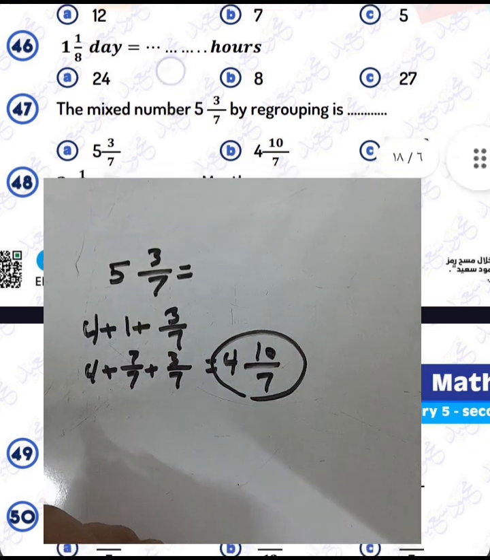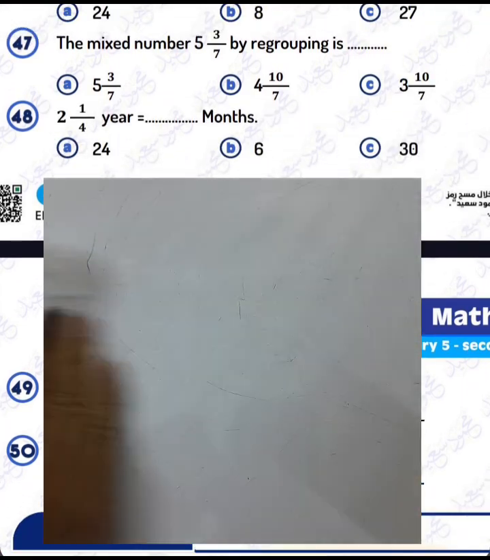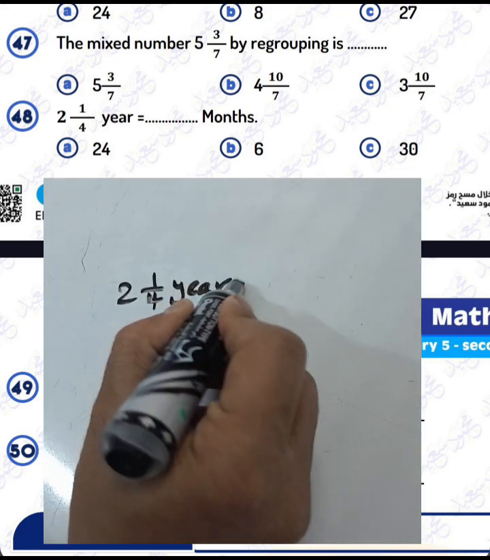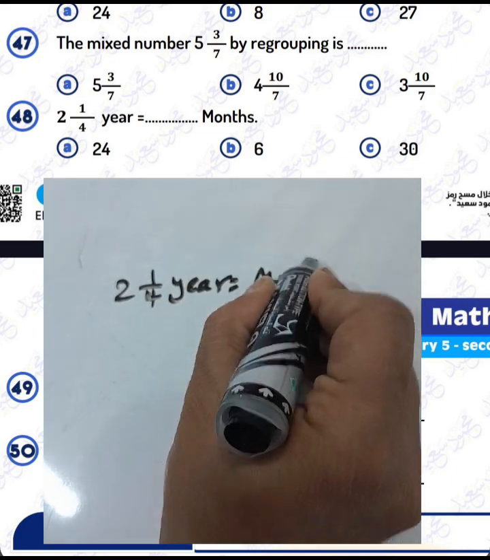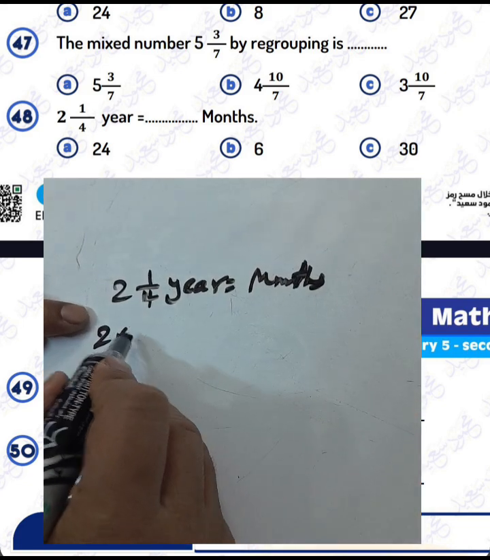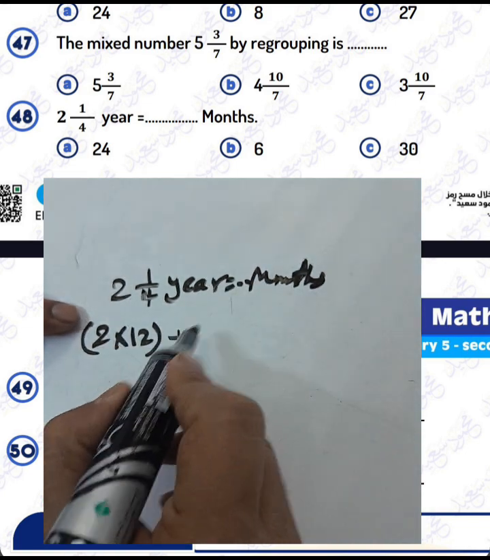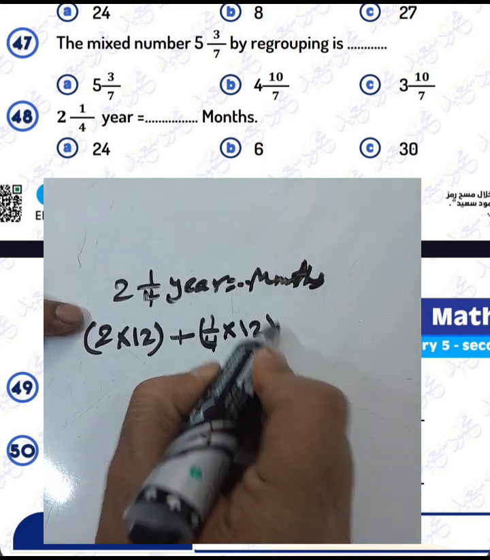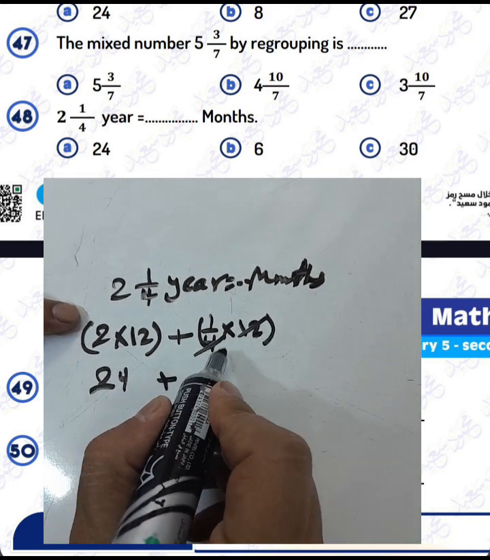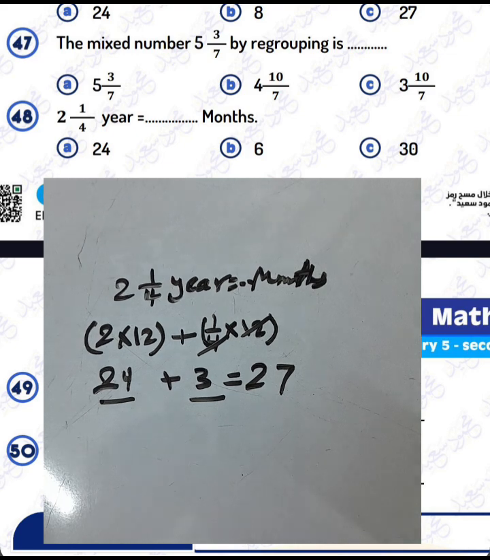It's equivalent. 2 and 1/4 year equals how many months? We know 2 years will be 2 times 12, because 1 year equals 12 months. And 1/4 year, 1/4 times 12. Then the result will be 24 plus 1/4 of 12, it will be 3. 24 plus 3 equals 27.